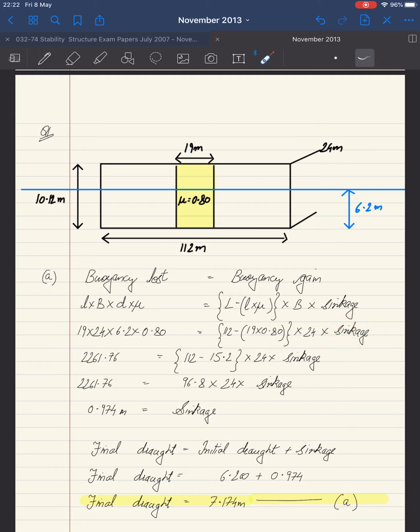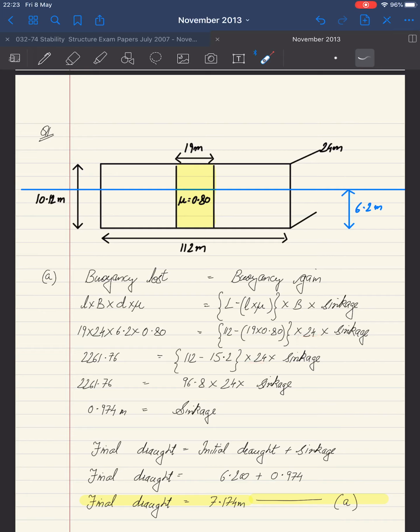When we solve this equation further, this entire value will give us 2261.76, which will be equal to 112, which is this number as it is, minus the product of these two numbers. So the product of these two numbers is 15.2. Again, the brackets times the 24, which is as it is here, times the sinkage, which is as it is here.